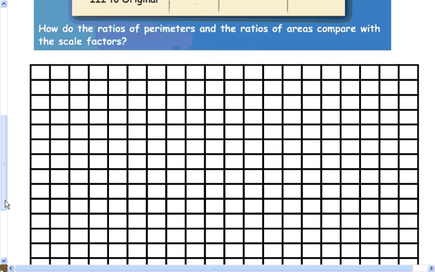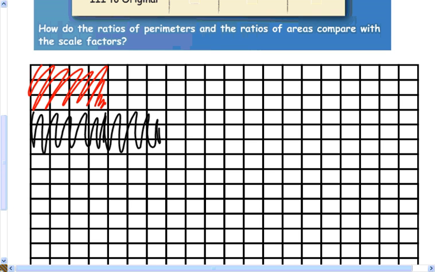And you can do it a couple of ways. So here's my 3 by 4. I could shade that in. My 6 by 8 is twice as big as that, so it includes the black one and the red one.